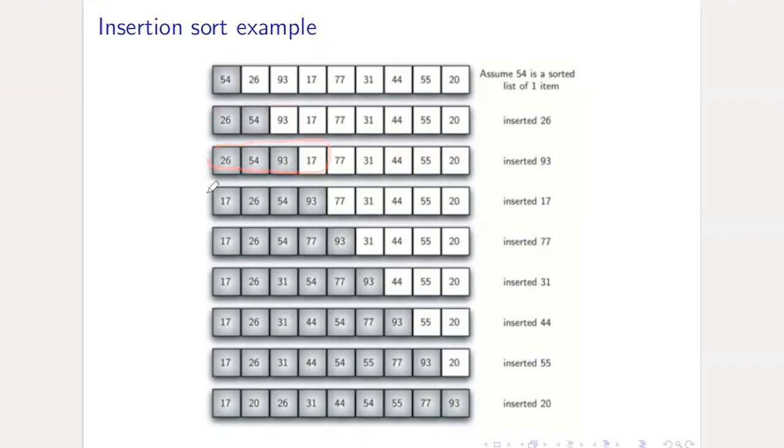Then we take the next one, 77, and we find that it should go between 54 and 93. So on and so forth. We always keep this left side sublist sorted, and by the time you get to the full list length, you would have the whole list sorted out.